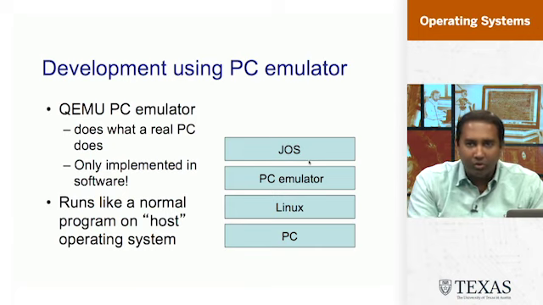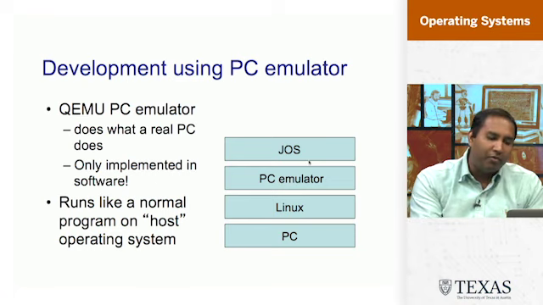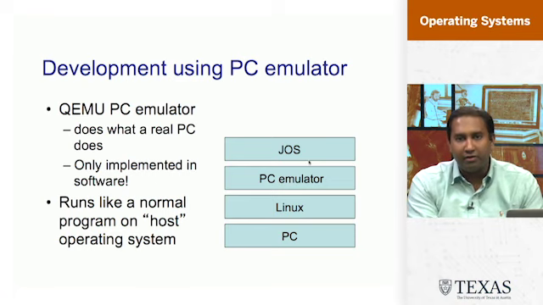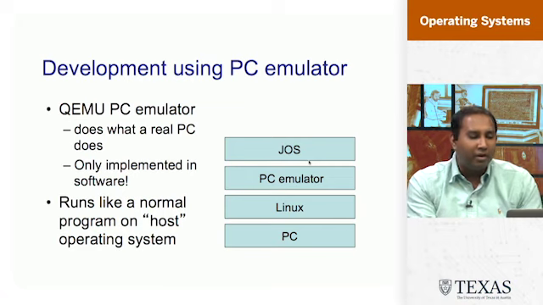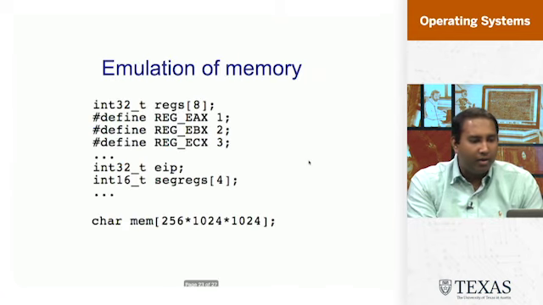QEMU will emulate x86 hardware for you, on top of which we're going to run our x86 operating system. So it's kind of like having your own virtual small computer on top of which you're going to run the operating system that you write, and if you make a mistake, you can just reboot your virtual computer pretty quickly, and that's what we're going to be using QEMU for.